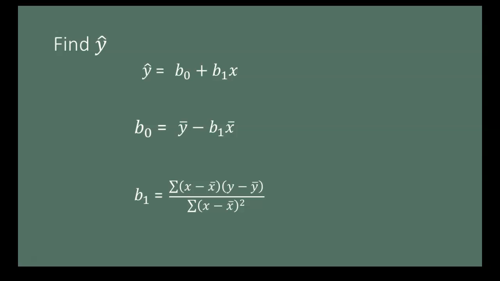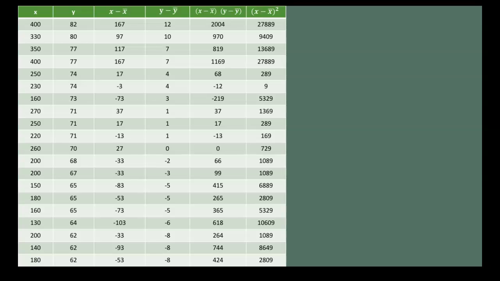So you take a quick look at this formula and it might look a little overwhelming. All it is the sum of a couple lists that you've already found. So if we take a look back at the table that we've filled out so far and our slope formula. So our numerator is the sum of the list that has x minus x bar times y minus y bar. So that's the sum of your fifth list in this chart.